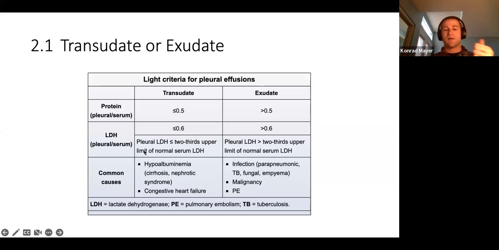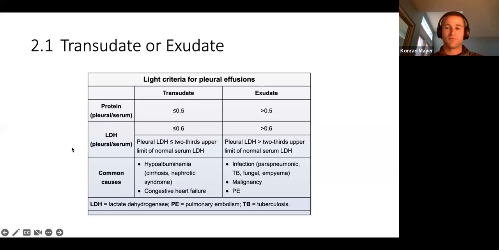It has 2 numbers, 0.6 and 2/3 of the upper normal limit of the normal serum, and they are the higher numbers. So protein is fine, 0.5 is the cutoff. LDH is bad, 2 cutoffs, and they are both higher: 0.6 and 2/3. Those are just numbers that you need to know.